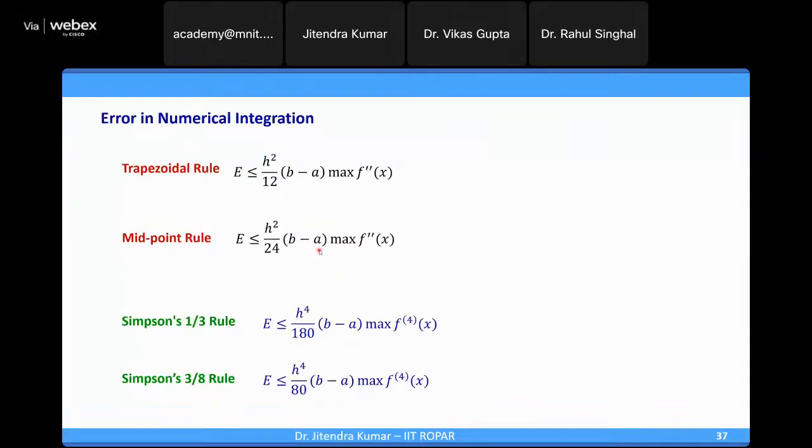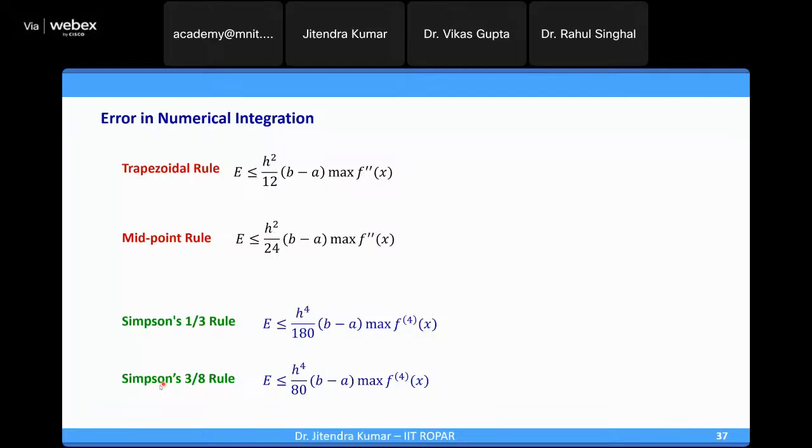Well, if I summarize, the trapezoidal rule and the midpoint rule are second order accurate, so you have the possibility of using either one of them. Though in an absolute sense, the midpoint rule has even less error, because it is h squared by 12 versus h squared by 24. But overall it is h squared, so it does not matter much what factor you get there. Both are second order accurate.